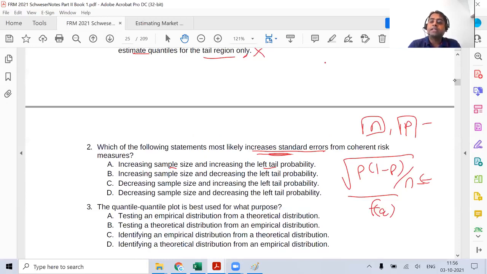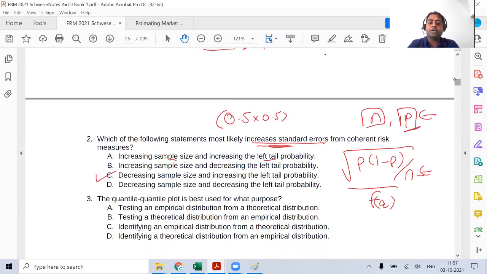And also if I increase my P, the numerator is going to be bigger because numerator is going to be highest at 0.5 and 0.5. So answer is what? See, this is again coming from that formula point which we talked about.